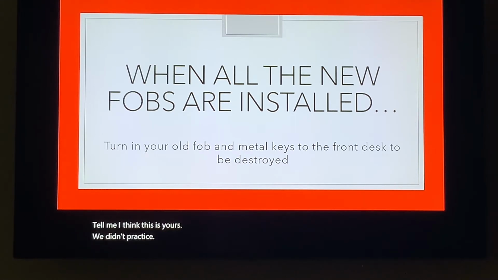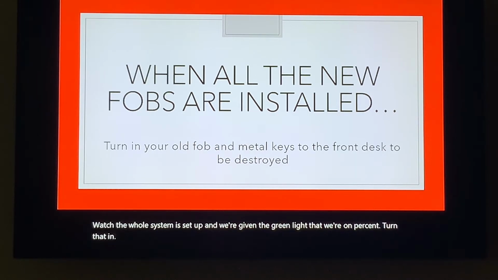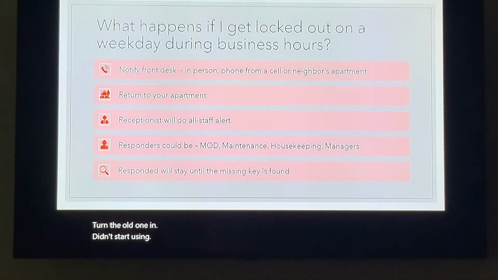Okay, once the whole system is set up and we're given the green light that we're 100%, turn the old one in and start using the new one. They both, right now, will open the back doors.